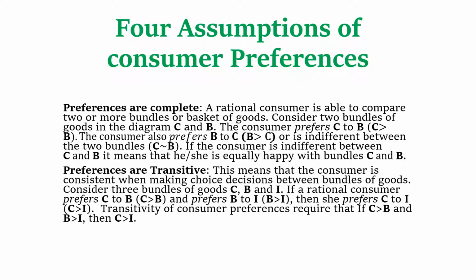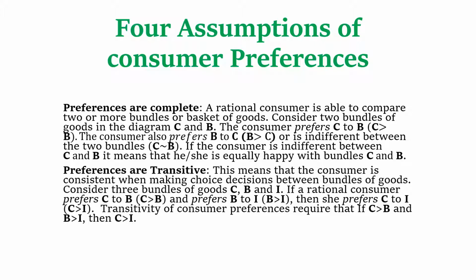So that is the meaning of C is indifferent to B. So C is greater than B because the consumer strictly prefers C to B because it derives more satisfaction. In other words, it's better off having C than having B. So that's the meaning. So preferences are complete if this is the case.